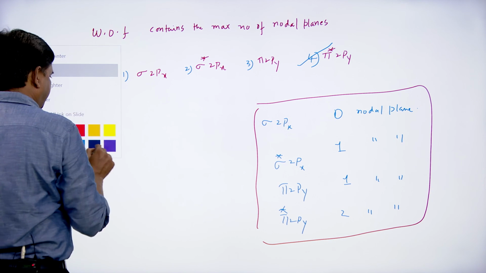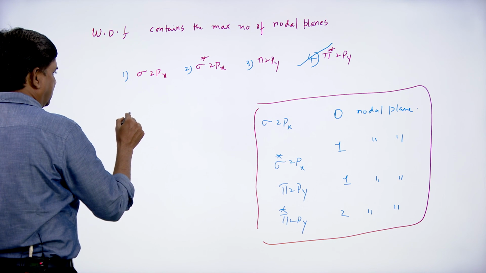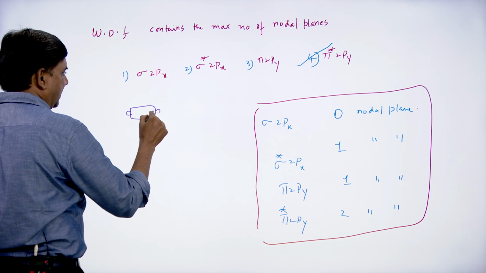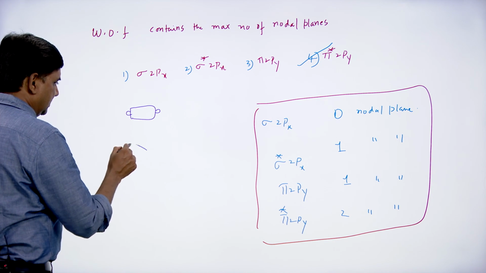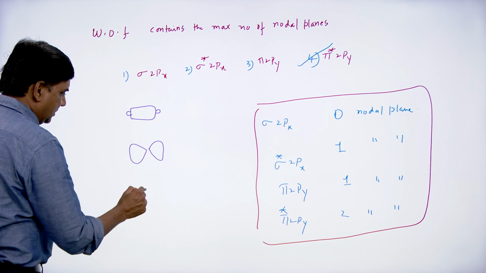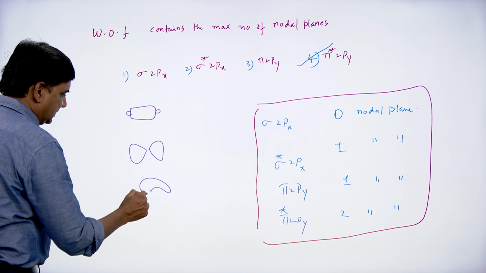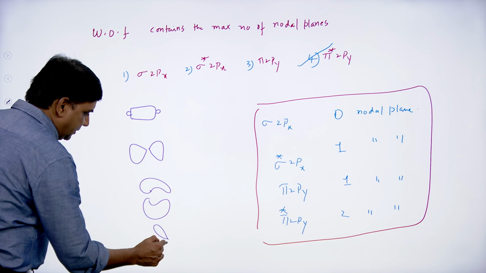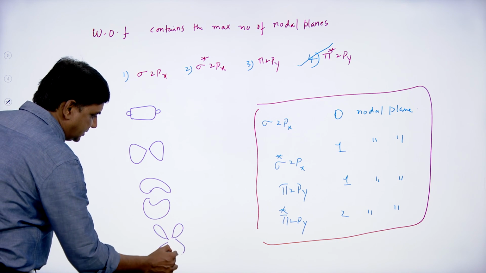Sigma 2px will be like this, no nodal planes, and sigma star will be like this, there is 1 nodal plane, and pi is like this, and this anti-bonding is like this.